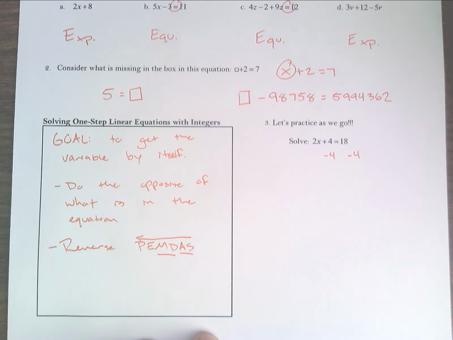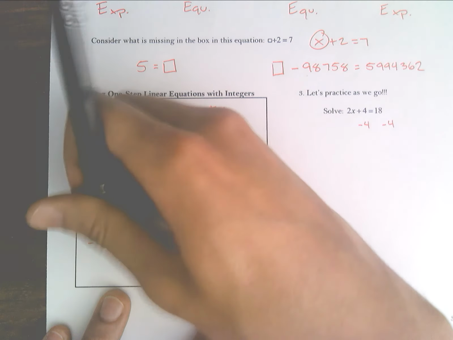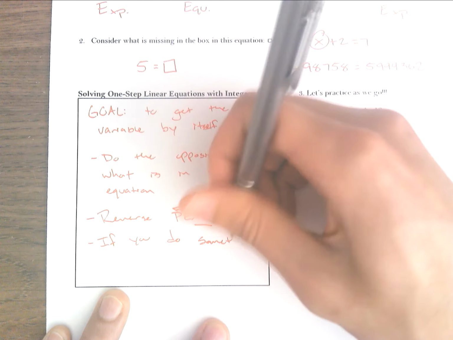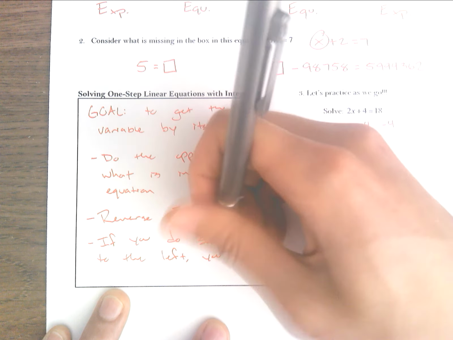The reason why, you can think of it as a scale. If I were to add or remove something on one side of the scale, in order for the scale to balance, you have to do it also to the other side. So let's put a note in here as well. If you do something to the left, you also have to do it to the right.